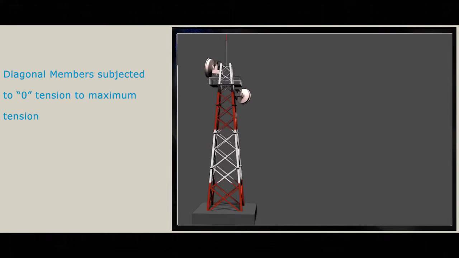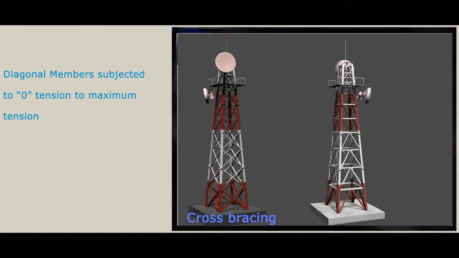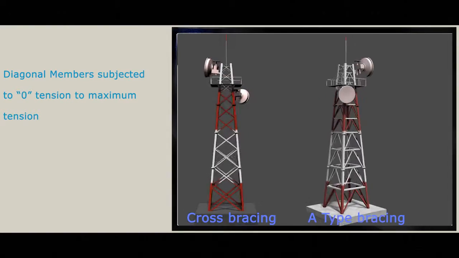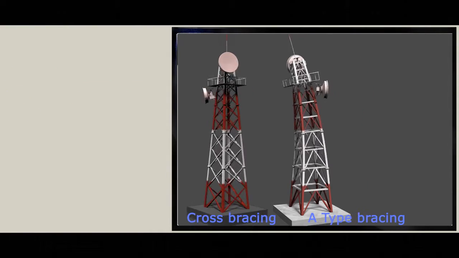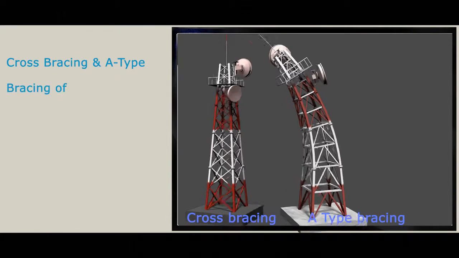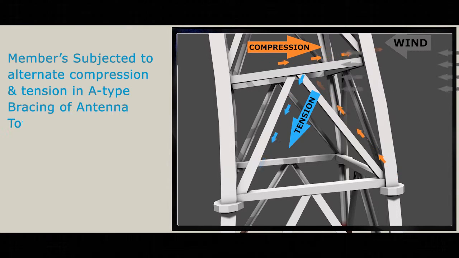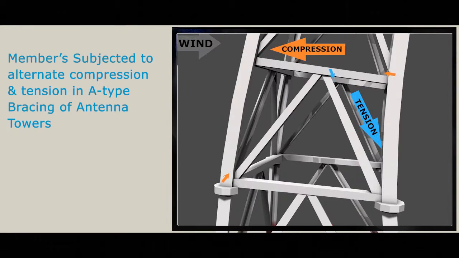The same system, if you have a different bracing condition, this is called cross bracing, this is called A type bracing, because the shape is something like letter A. So in this bracing, when the load is applied, there is compression here and then there is tension here, but there is compression here also that parallelly occurs, because there are two parts of the top member.